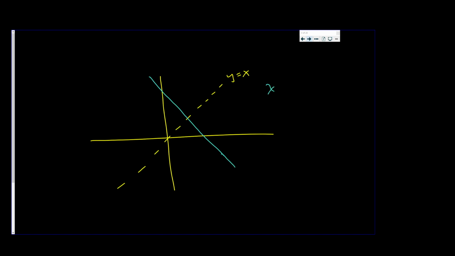This would be x plus y, say, equals 4. That is, y is equal to 4 minus x.